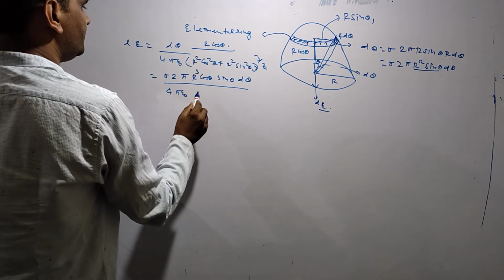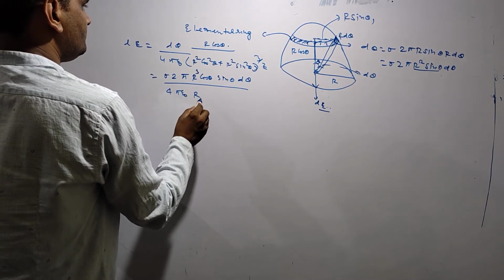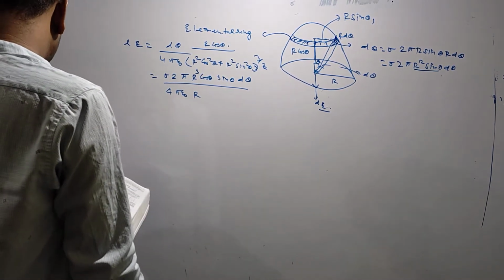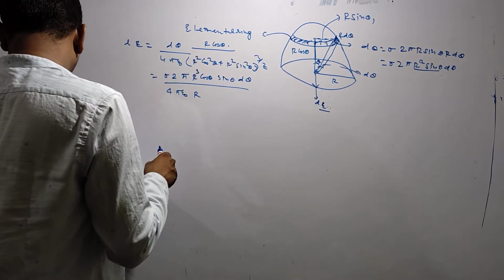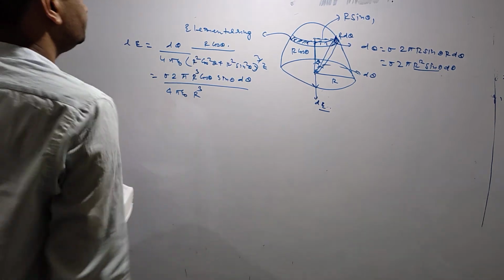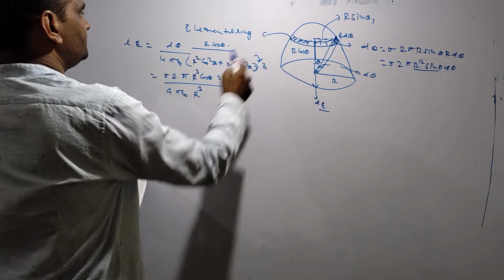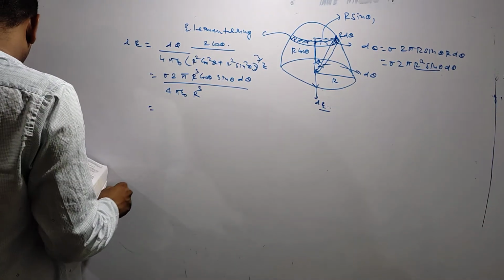We have r square, then r cube, r square is going to be cancelled out. We are left with r cube. So now the expressions will become very simple.